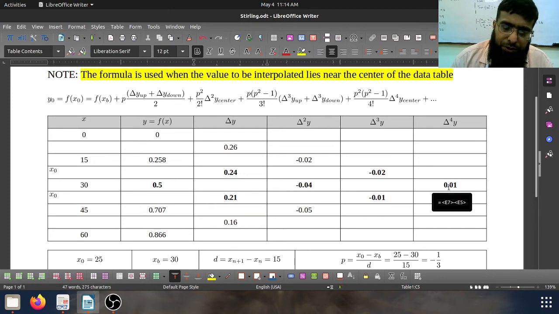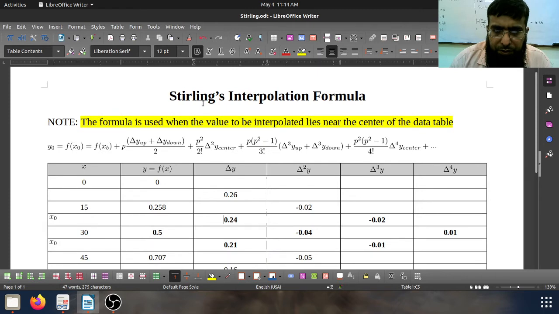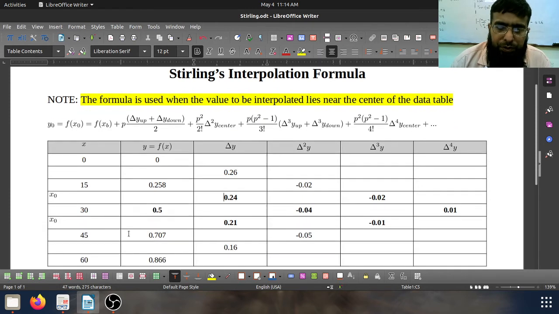So this is how we proceed. We interpolate the value using one upper and one lower term, and we move in this zigzag form. This is the concept given by Stirling. We start with the central value most of the times, and we swing around the central value as we proceed in these terms.